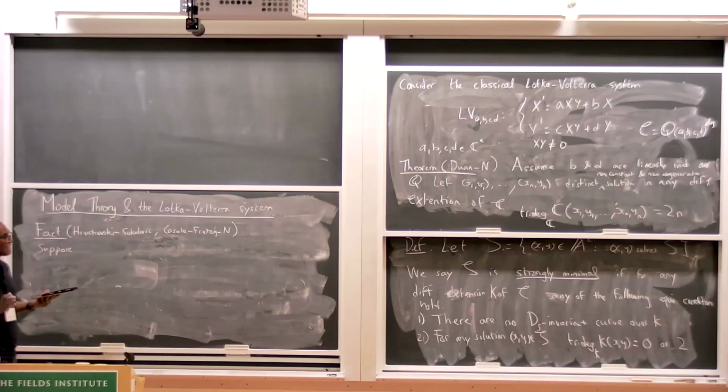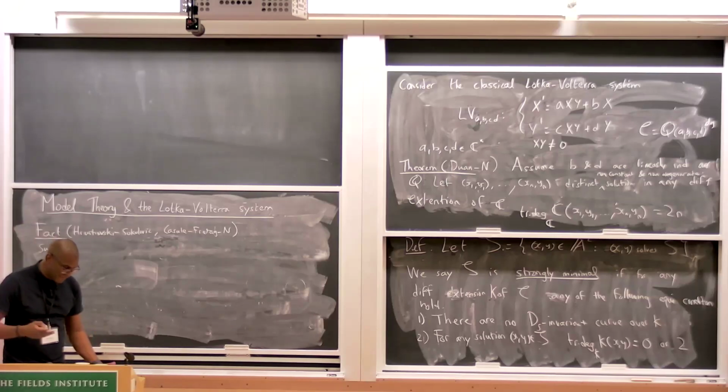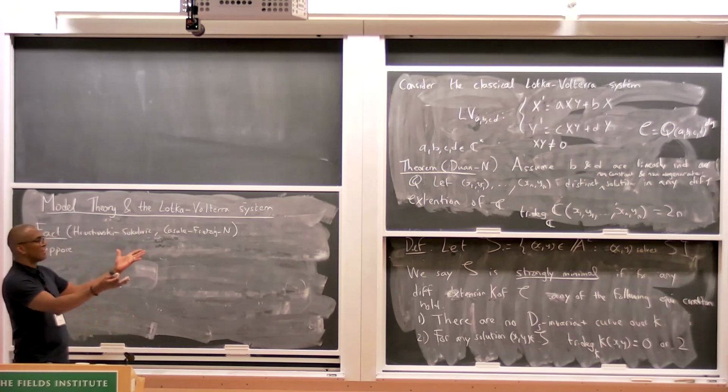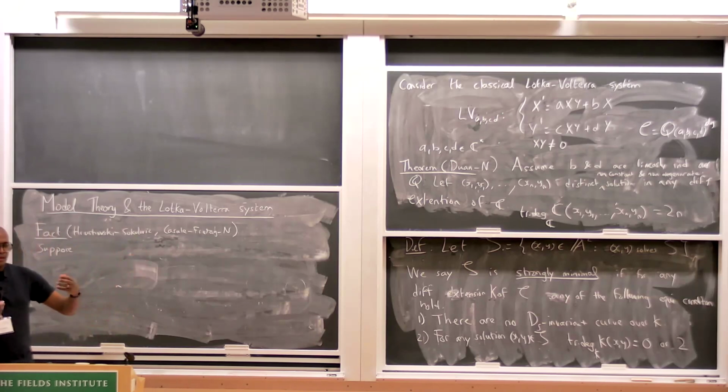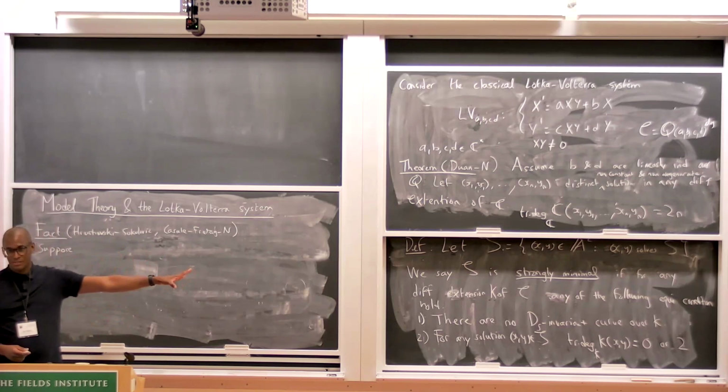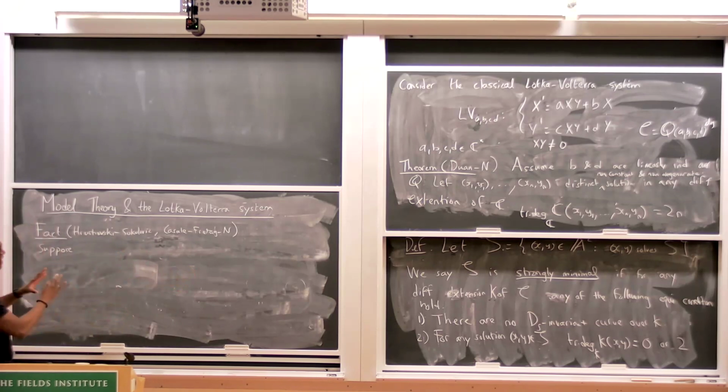Again, this is much more general than that. So there's a more general definition of strong minimality. So if you have differential equations over the constants, so autonomous, that are strongly minimal, then they will be automatically geometrically trivial. So I'm going to state it only for the case of these planar systems, okay? But it's more general than that.